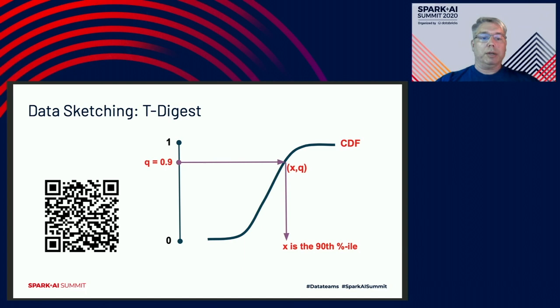I will not be talking about the details of how t-digests work today, but if you're interested in learning more about how they operate and what you can do with them, this link on the left will take you to one of my previous Spark Summit talks all about implementing and using t-digests.